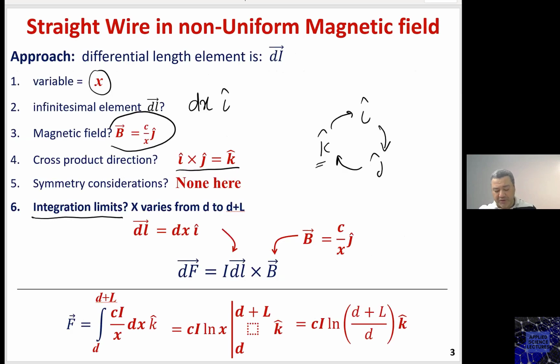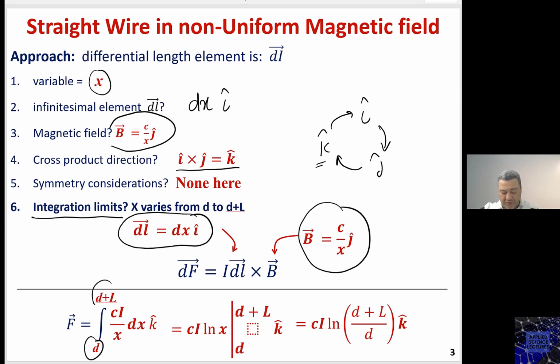So putting all those together, I know that dF equals I dl cross B. I know B as a vector. I defined my dl also as a vector, dx i hat. Now I need to integrate from d to d plus L the cross product I dl cross B. We said that the cross product between the unit vectors is going to give me k hat.